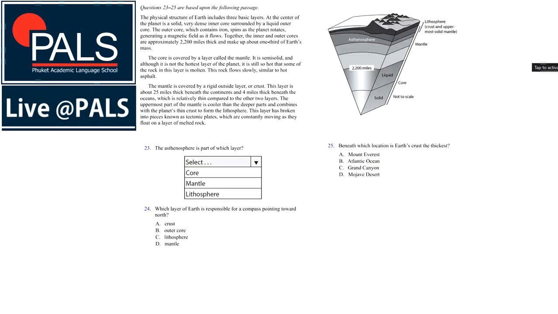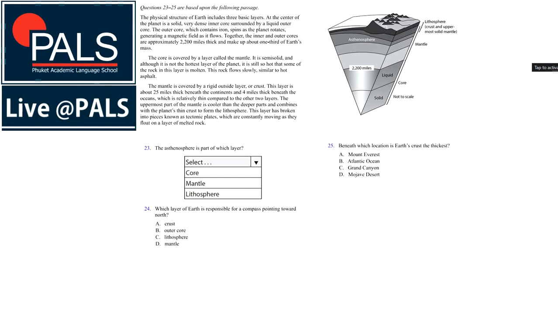So in the last 3 questions for this video, the physical structure of Earth includes 3 basic layers. At the center of the planet is a solid, very dense inner core surrounded by a liquid outer core. The outer core, which contains iron, spins as the planet rotates, generating a magnetic field as it flows.